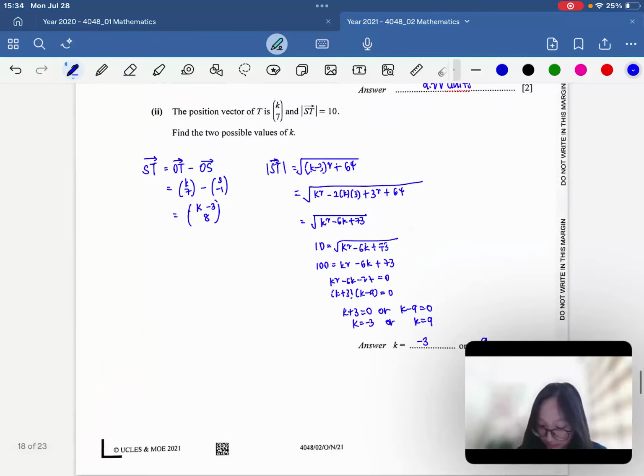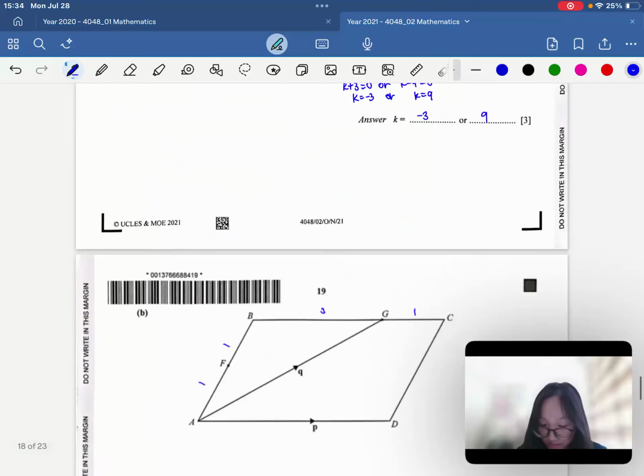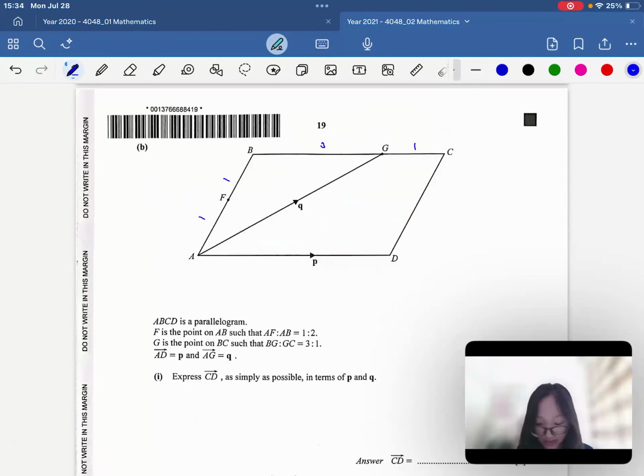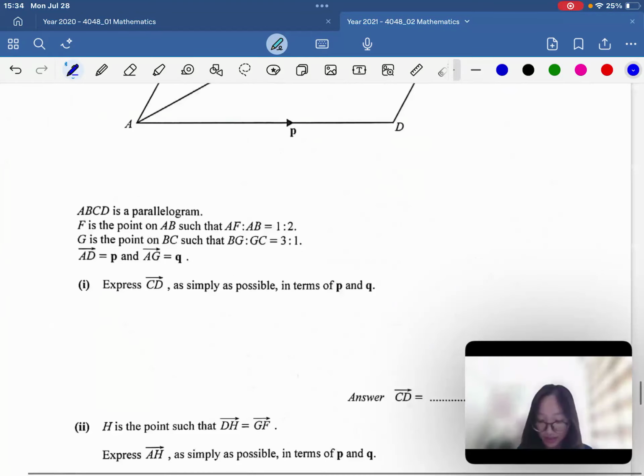Okay, so now let's move on to the next part, which is part B. Over here, they want us to express CD as simply as possible in terms of P and Q. Okay, so CD is basically this entire line here.